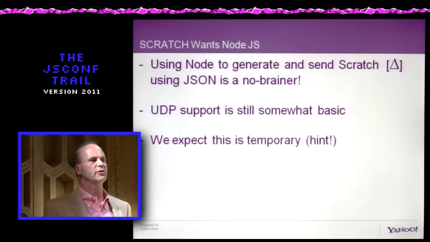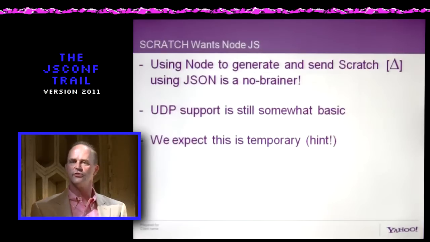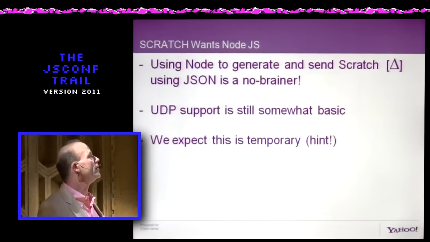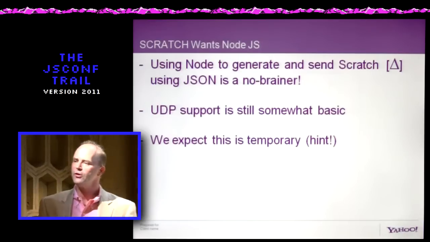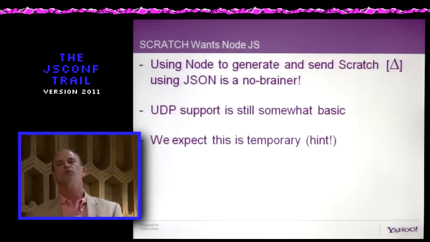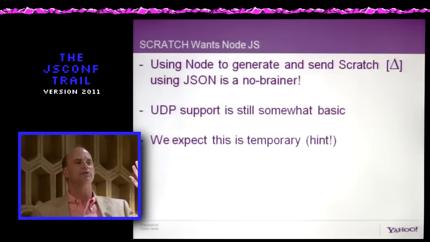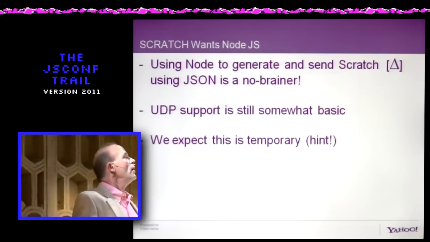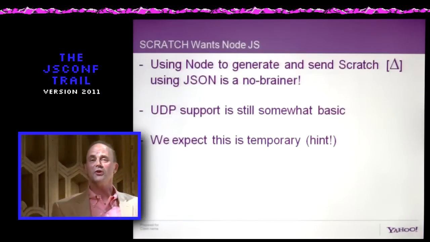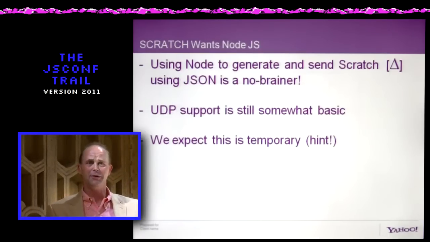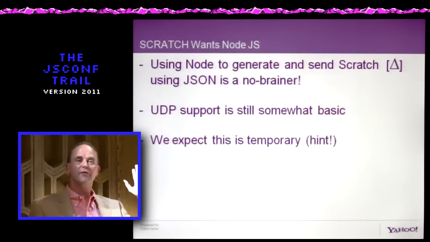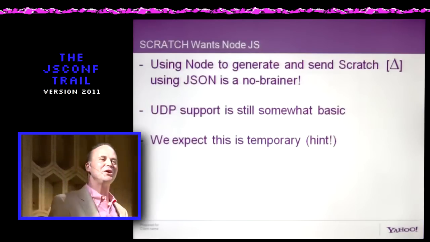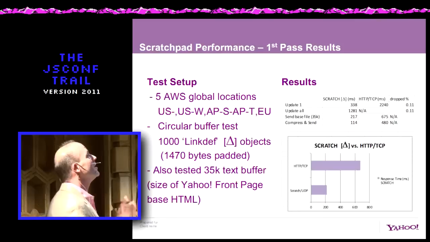I was actually able to use his little Node package manager, worked really well, and install the PCAP library in Node. It works. I was able to see packets coming across. It doesn't work very well. I need your help, Node guys. Really, I do. We expect that this situation is temporary. Hint, hint.